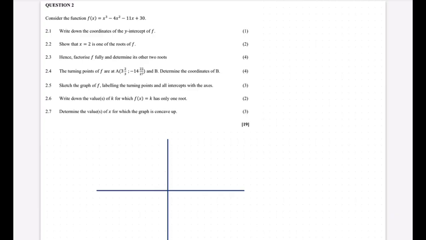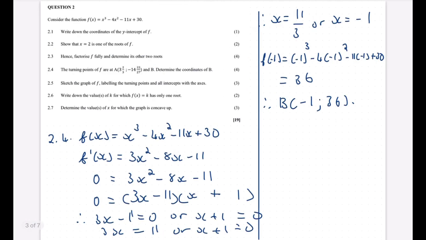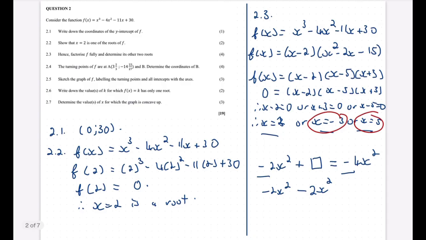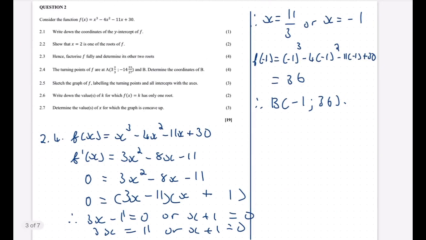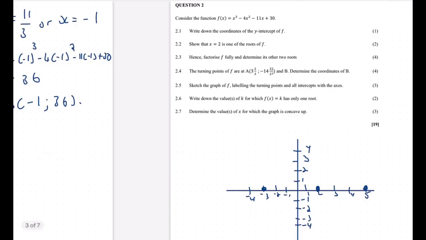Alright, so I'll just draw quickly a Cartesian plane here. 1, 2, 3, 4, minus 1, minus 2, minus 3, minus 4. 1, 2, 3, 4, minus 1, minus 2, minus 3, minus 4. Now, the x-intercepts we found to be at 2, at minus 3, as well as at 5.